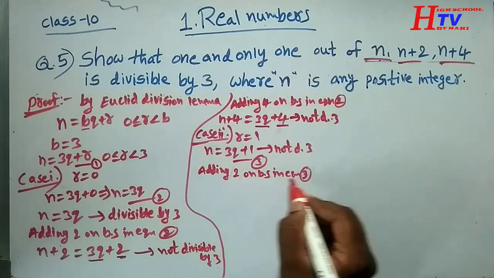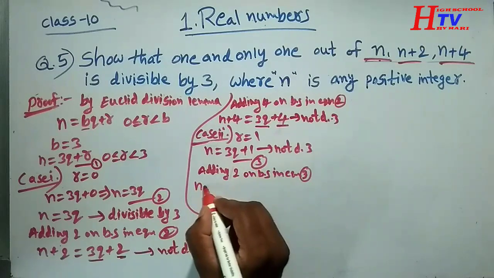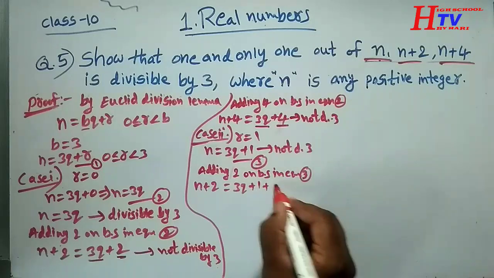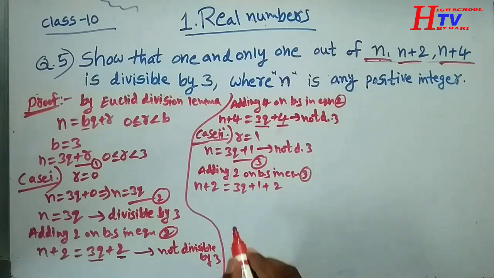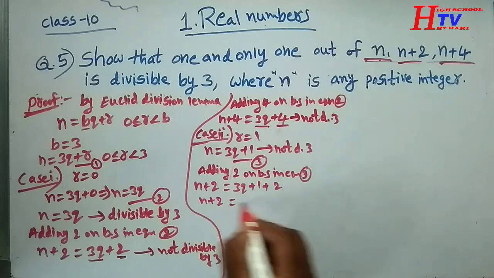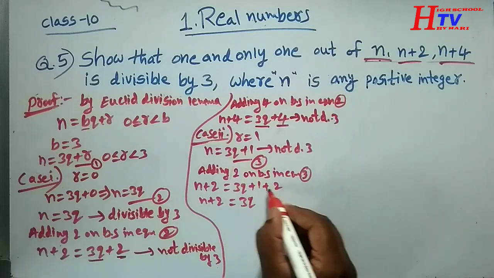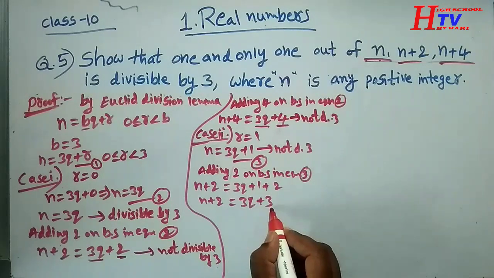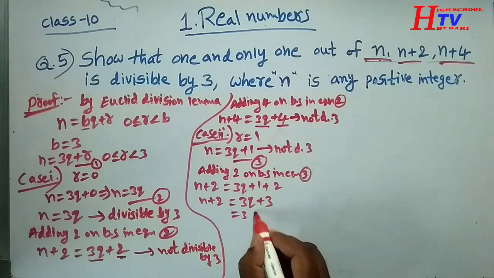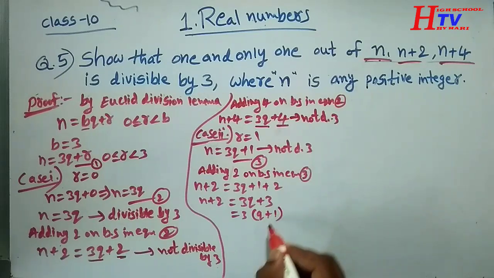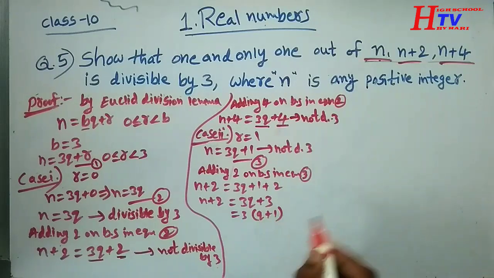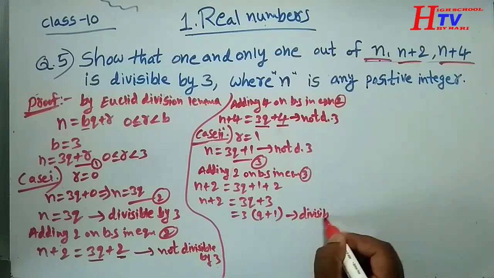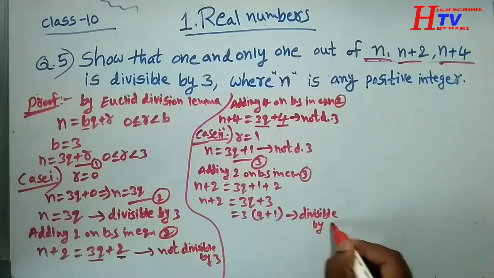Adding 2 on both sides in equation number 3, n plus 2 equals 3q plus 1 plus 2, which is 3. It is a multiple of 3 and it is also a multiple of 3. Common is 3, 3 into q plus 1. So 3 into something means it is a multiple of 3. Hence it is divisible by 3.